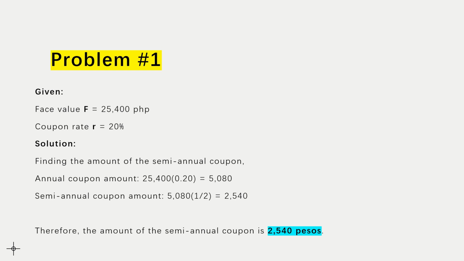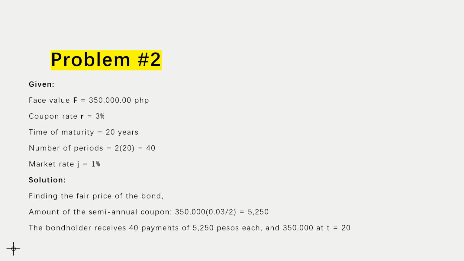Not particularly harder, but it can take some time or can be really long. So for problem 2, our given is the face value F, which is 350,000 pesos. Our coupon rate, represented by r, is equal to 3%.